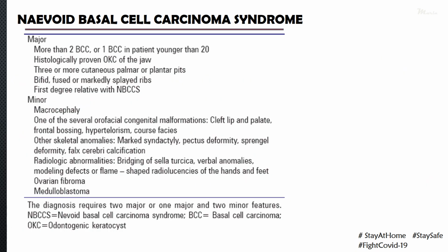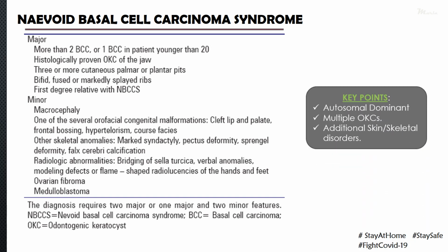So, we have discussed the association of odontogenic keratocyst with a syndrome. This is the naevoid basal cell carcinoma syndrome. It is an autosomal dominant condition and is characterized by the presence of multiple odontogenic keratocysts.